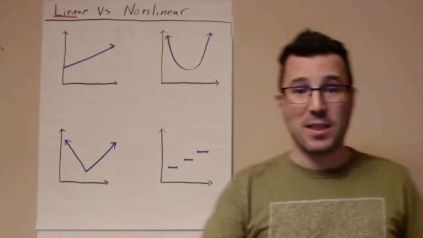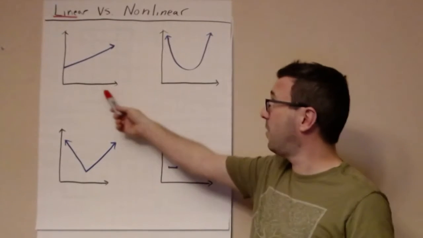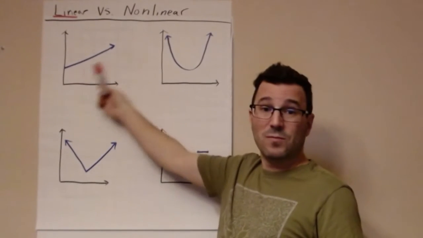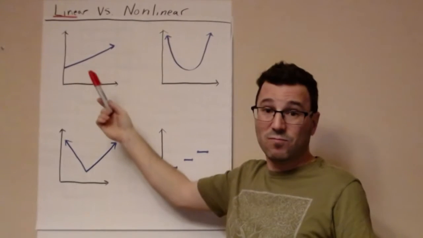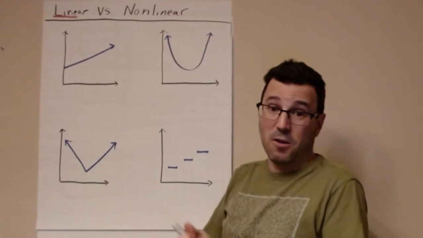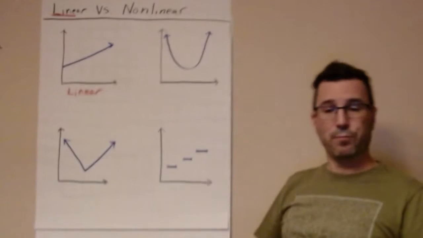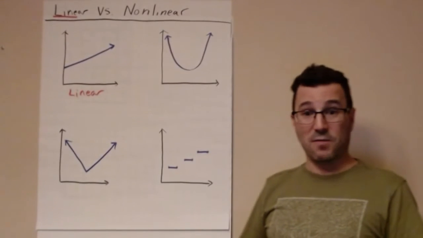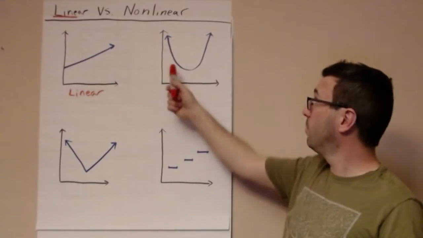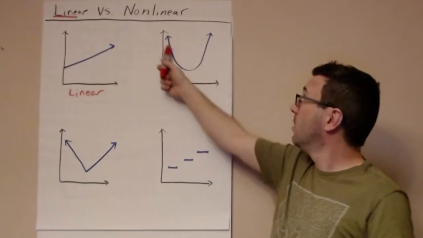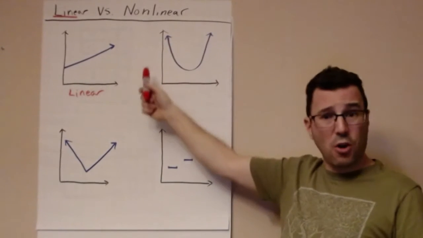So looking at these, when I look at this first one, that's a straight line. That's linear. I mean, it doesn't get much simpler than that. All the rest of these are nonlinear. And we can see because right here, this is a parabola. It's curved.